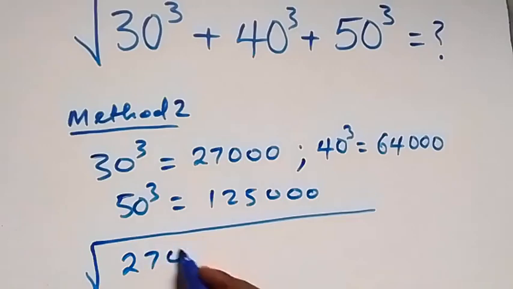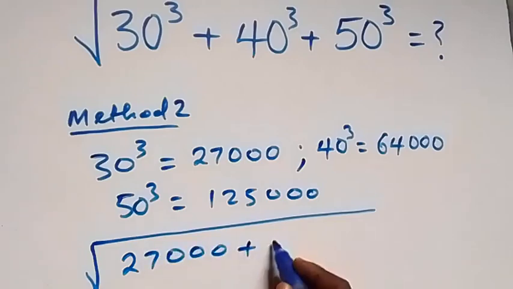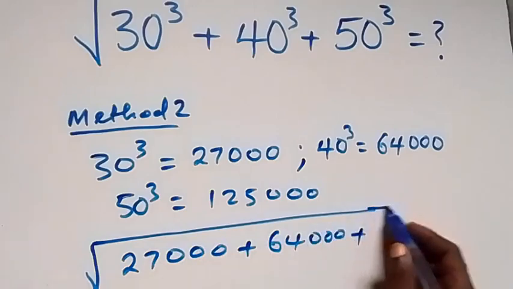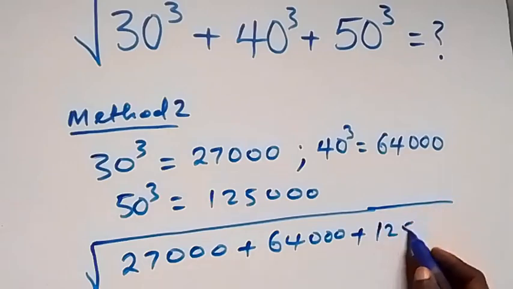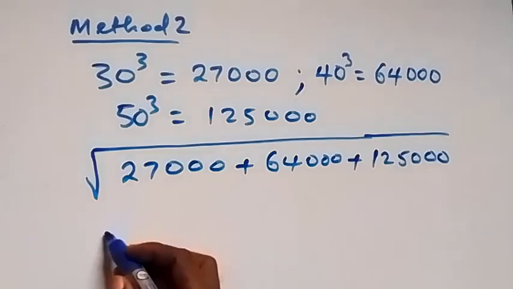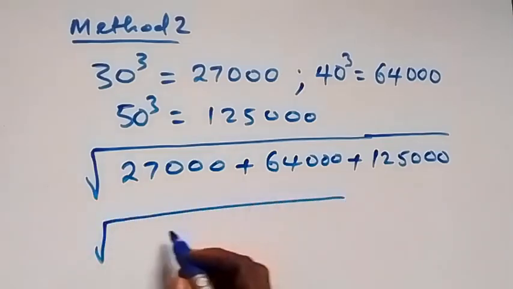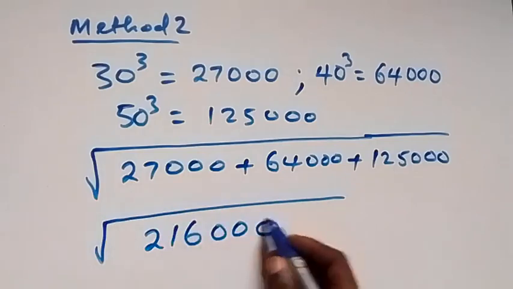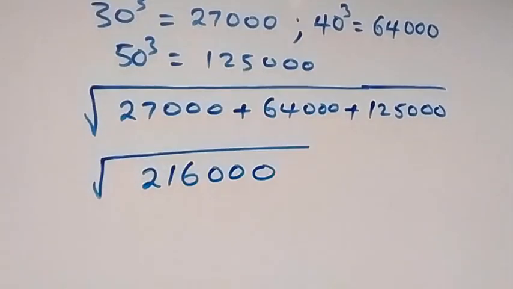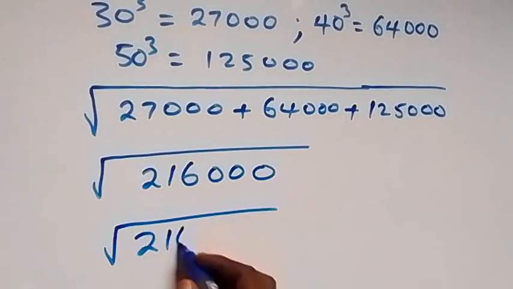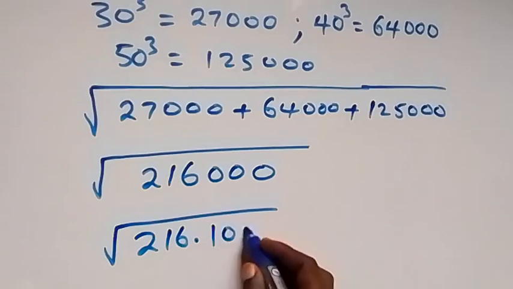27,000 plus 64,000 plus 125,000 from here. And then when we sum this together, this gives us square root of 216,000 from there, and which we can separate and write as square root of 216 times 1000.